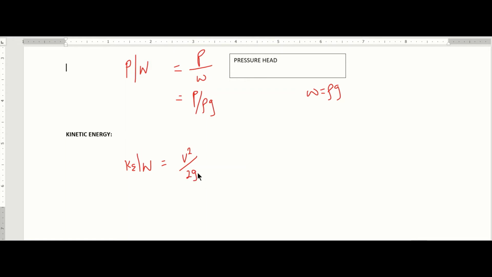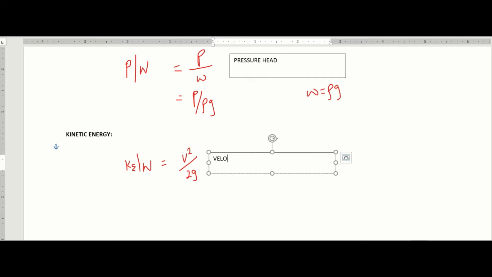It is also measured as a length or a head, so we call this the velocity head.